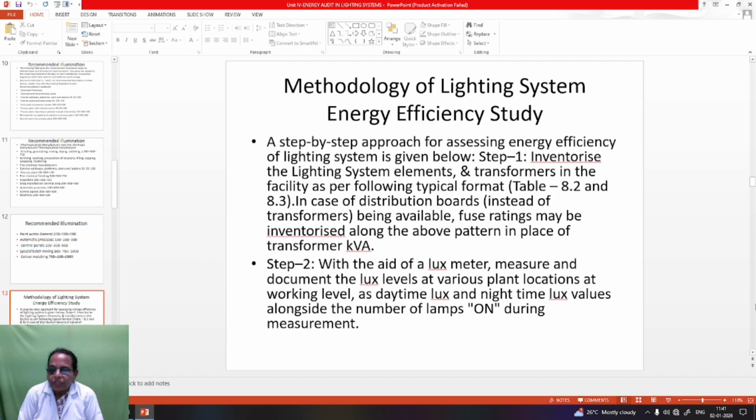In case a distribution board is available, fuse rating may be inventorized along the above pattern in place of transformer. Step 2: with the aid of a lux meter, measure and document the lux level at various plant locations at the working level, as daytime lux and nighttime lux values, alongside the number of lamps on during the measurement.